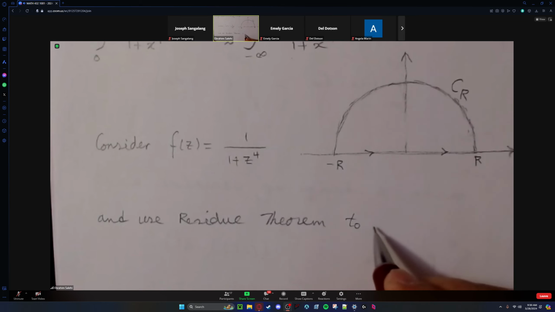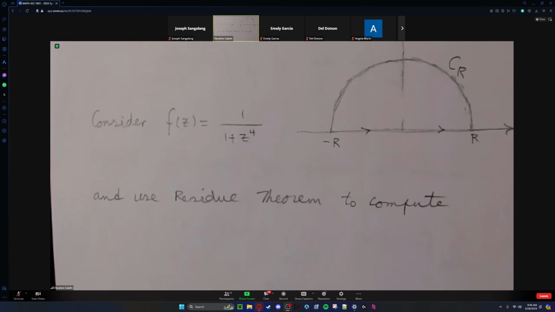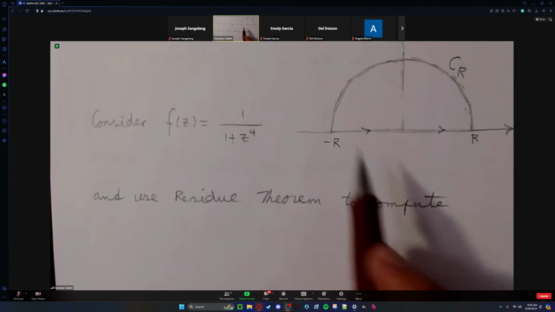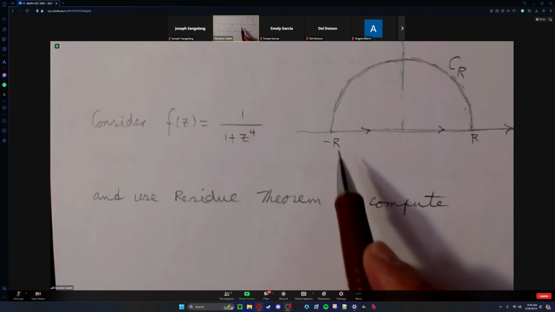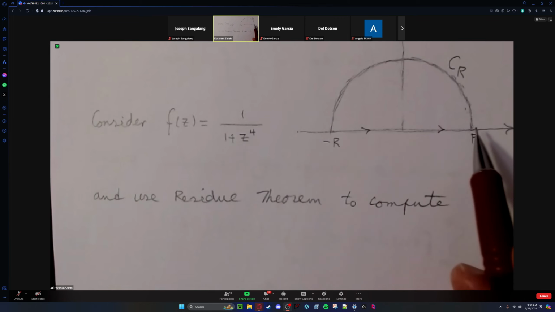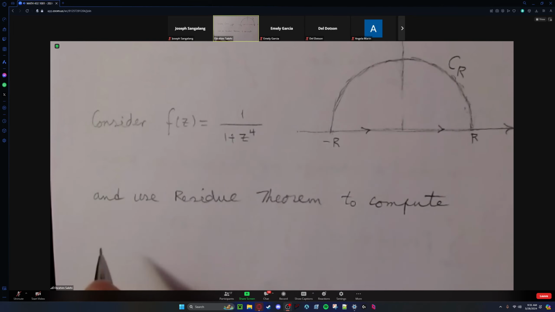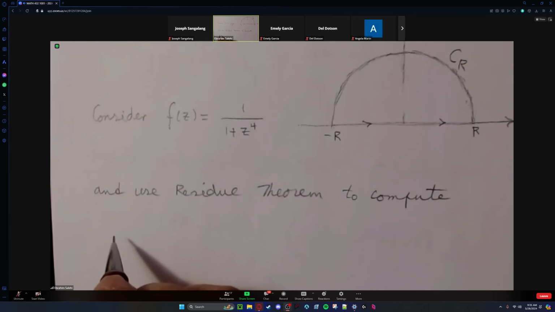But the integral over this contour, this closed curve, is from negative R to R, then on this semicircle. So here I'm going to write it in two pieces.